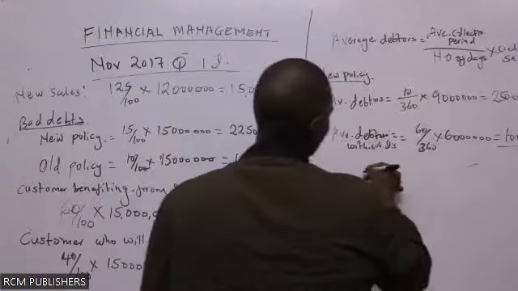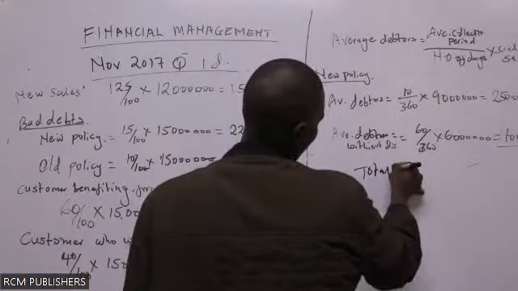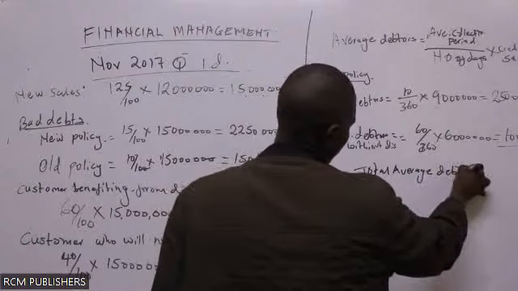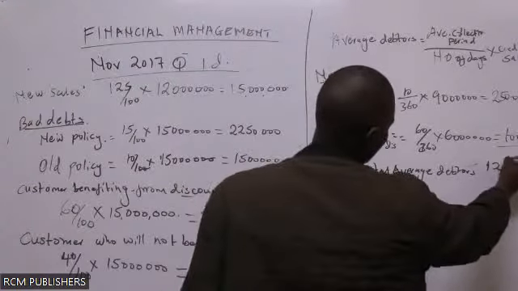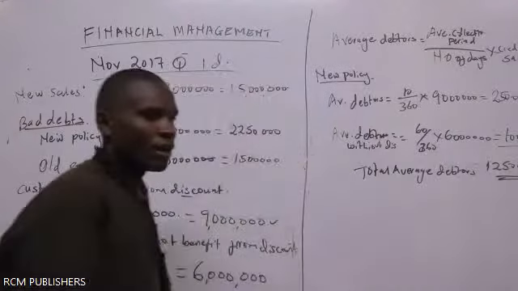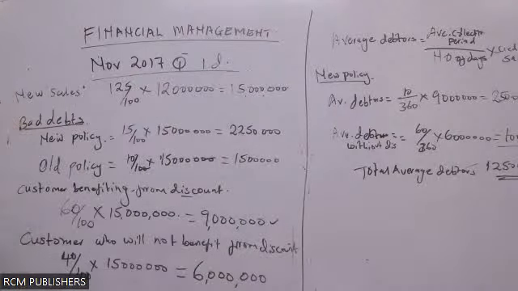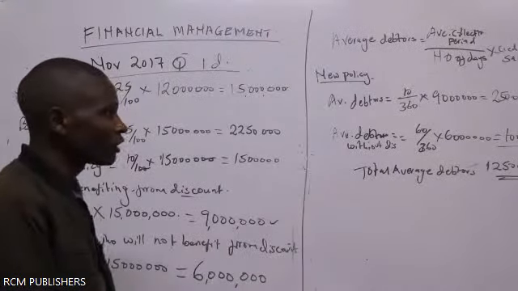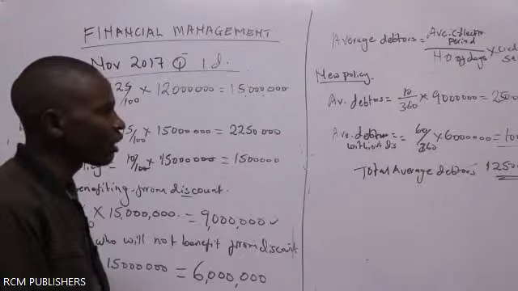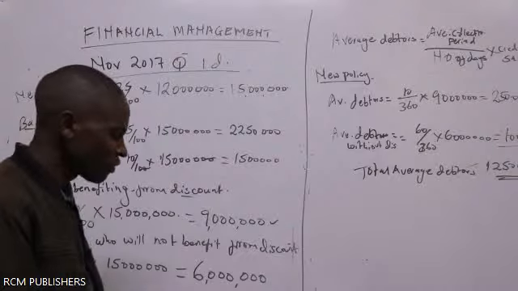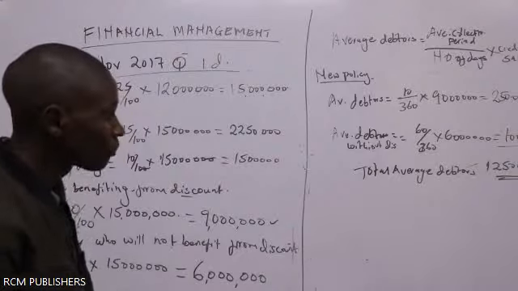Total average data itakuwa 1,250,000. That is for the new policy. Then from that point, it is now easier for us to see what is happening here.